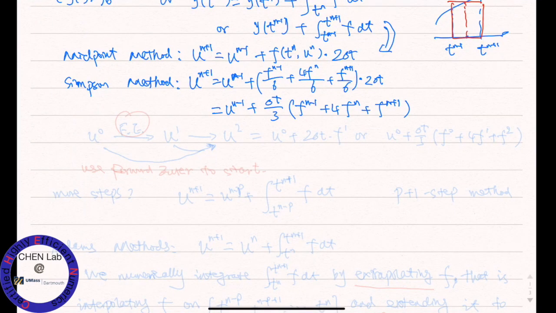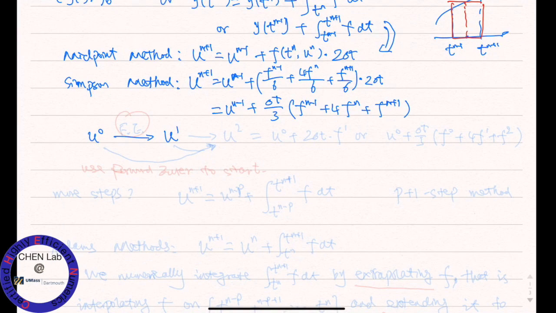The second is that, say you have u0. For this kind of two-step method, you have u0. If I want to get to u1 by the formula, can we get to u1?